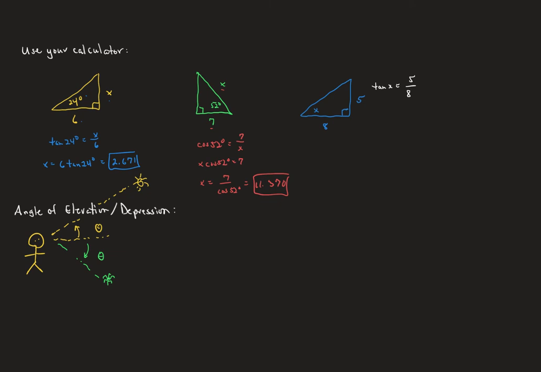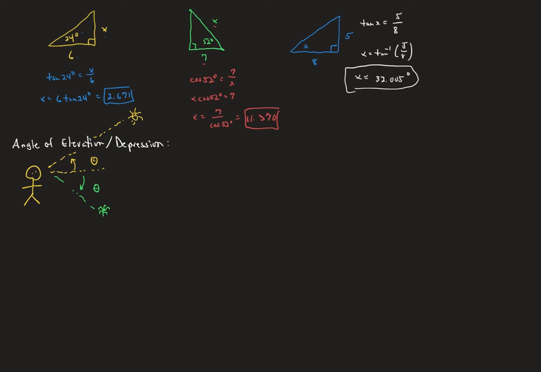Now to solve for the angle, we have to take the inverse tangent of 5 over 8. On our calculator, we do the second tangent and then 5 divided by 8, and it looks like 32.005, and that's in degrees. So our angle is about 32 degrees.